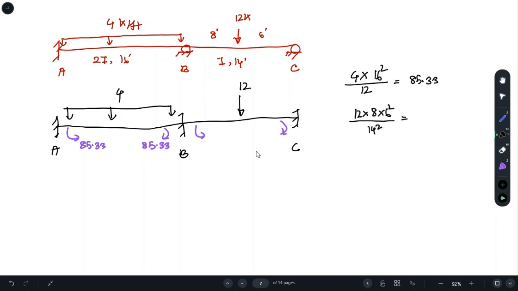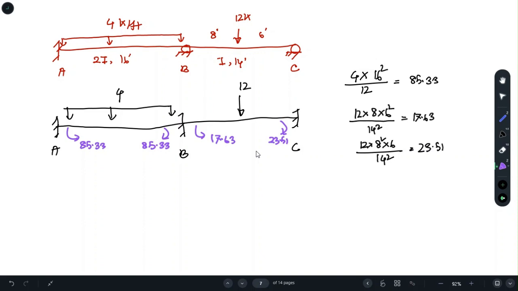That will be 17.63, and for this one it will be 12 multiplied by 8 squared multiplied by 6 over 14 squared. The value will be 23.51 here, and here the value will be 17.63. These are our fixed end moments.